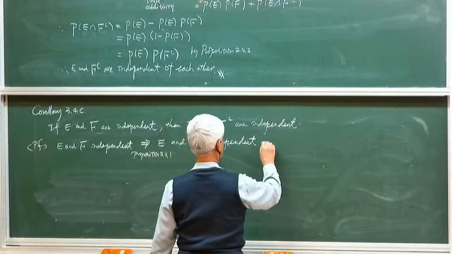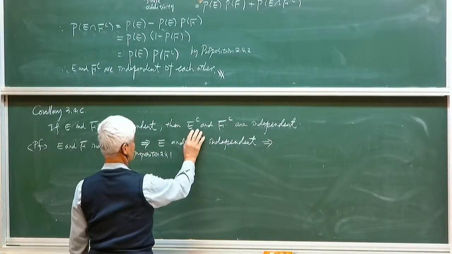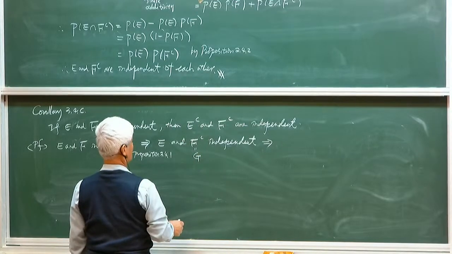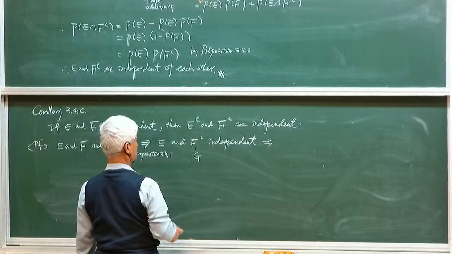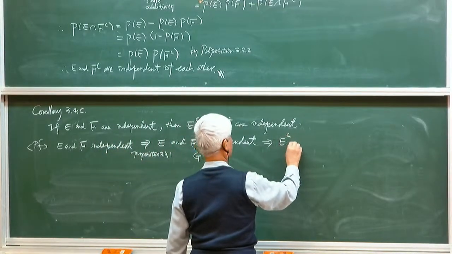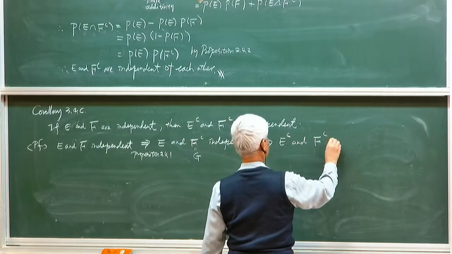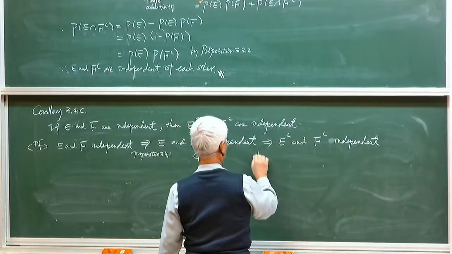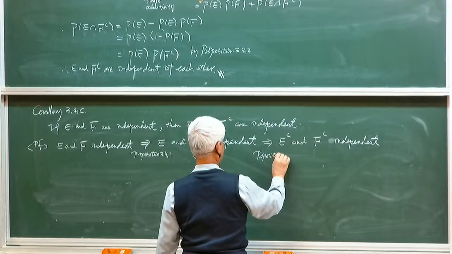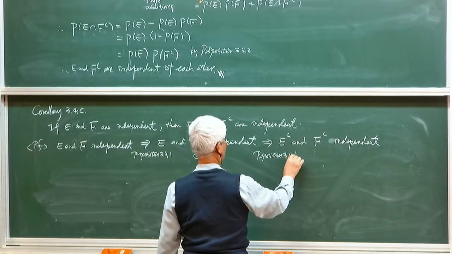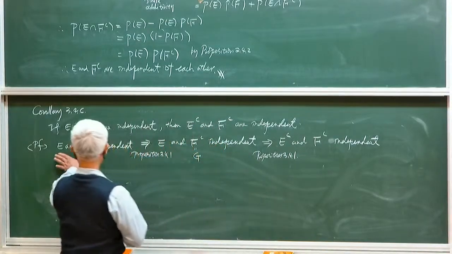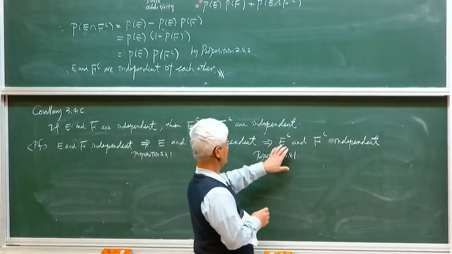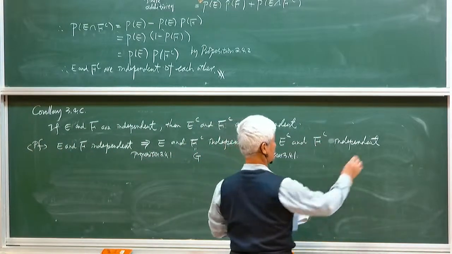Now we fix this one and call it G, an event G. E and G are independent, so this implies E complement and F complement are independent. So again, this is proposition 3.4.1. So we start with the statement that E and F are independent, which implies that E complement and F complement are independent.